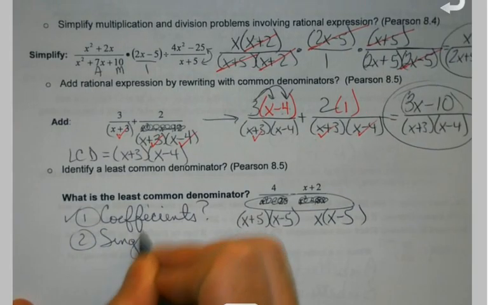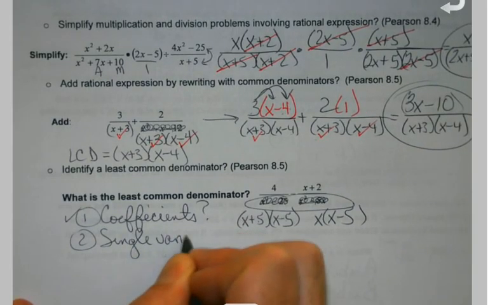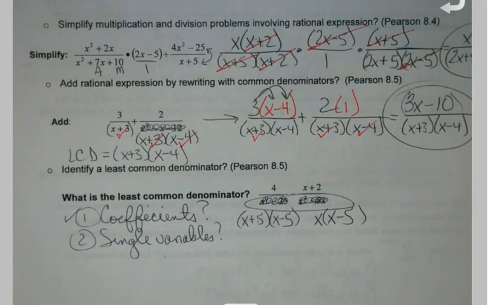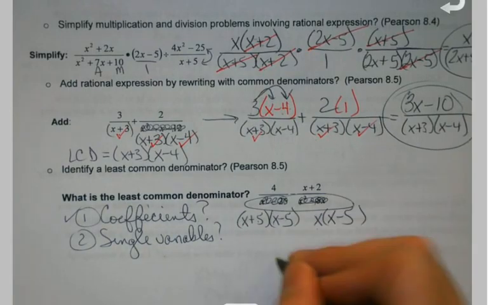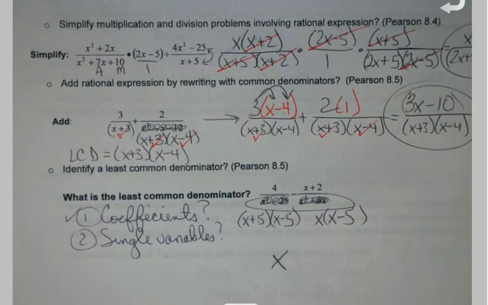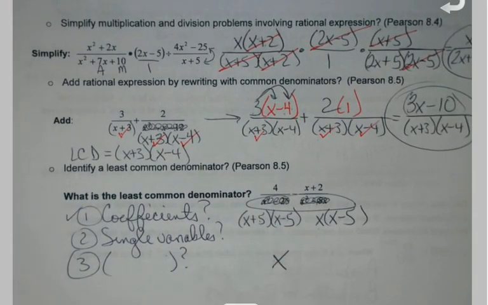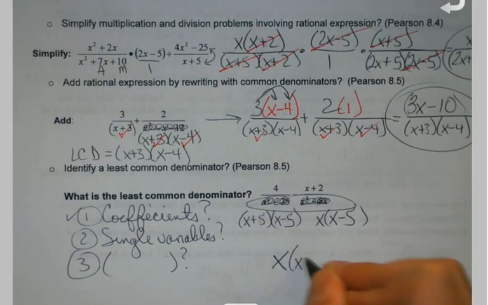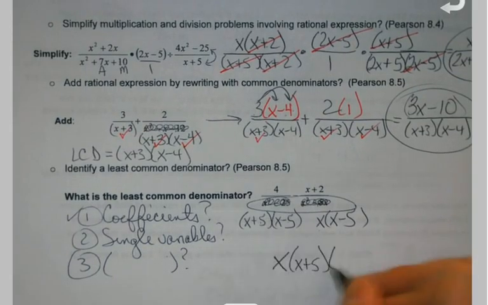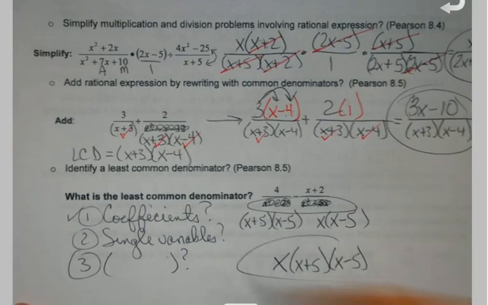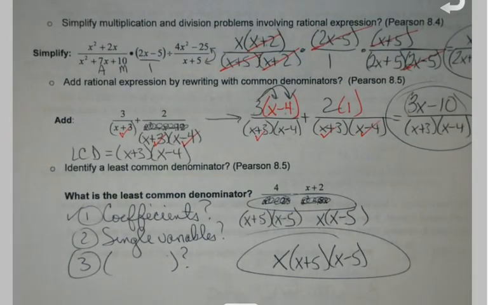Second, do I have any single variables that are just hanging out on their own, not connected? I do. So that's part. And then finally, I look for the different sets of parentheses that I see, and I need to use all of them. So I need an x plus 5. I need an x minus 5. But I already have an x minus 5. I don't need a second one. That's going to be my LCD.